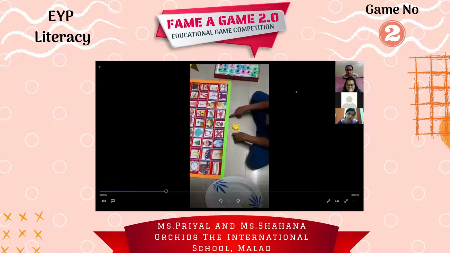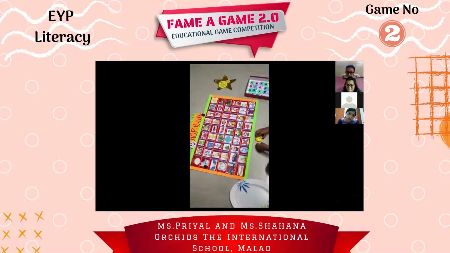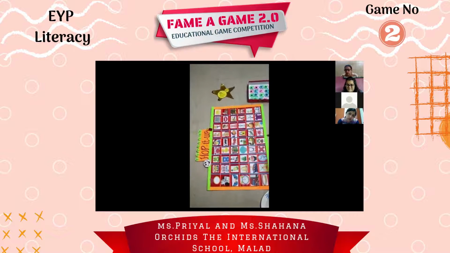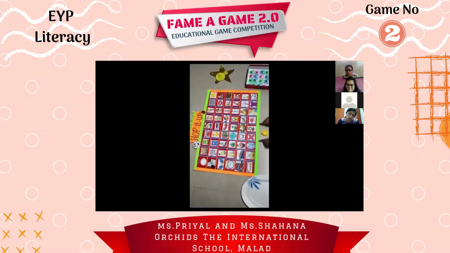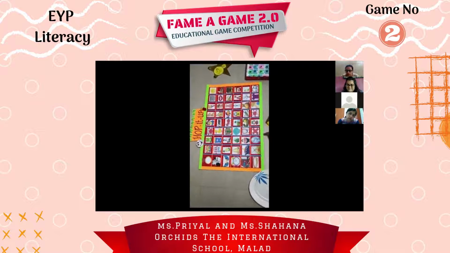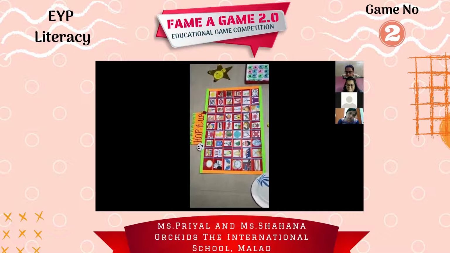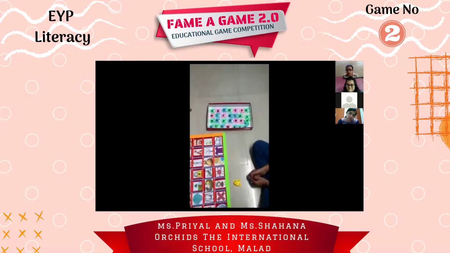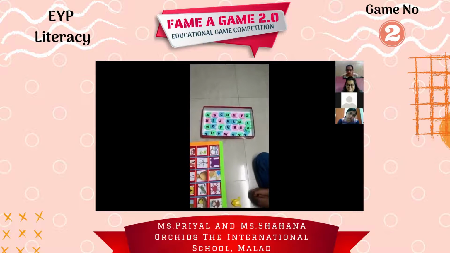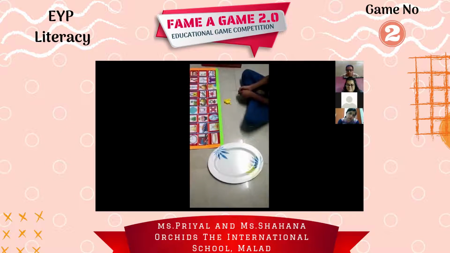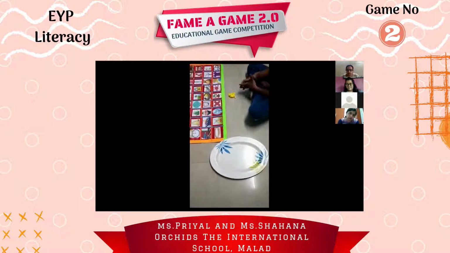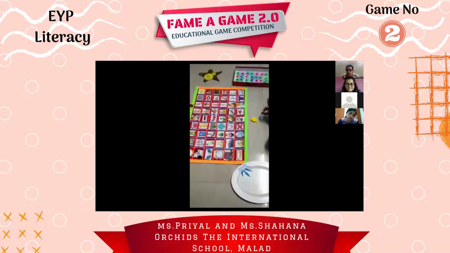You can see this frog. You have to press the tail of the frog and the frog will jump on any of the words. Once it goes on any word, you have to look at the picture, identify the picture, and with the help of these letter cards, you have to make a word on this plate. And here you can see the rewards also.